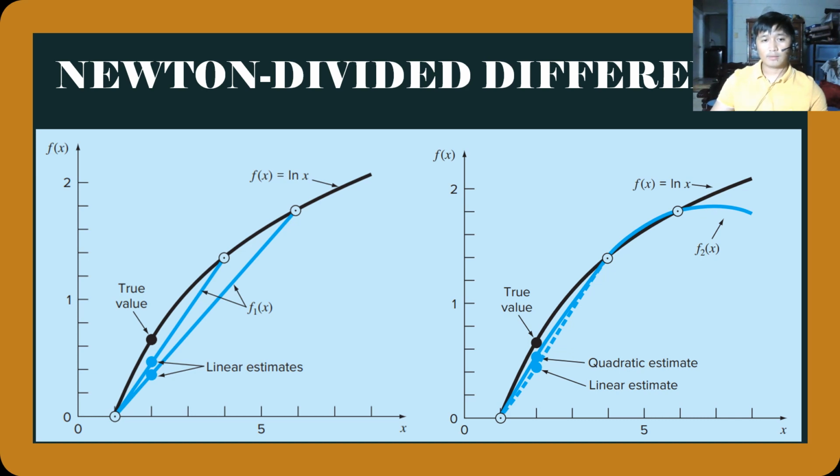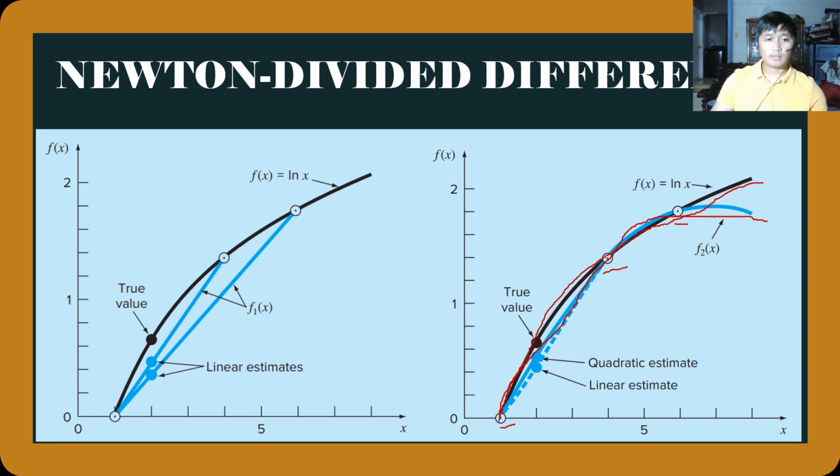This is for linear interpolation and for quadratic interpolation. As we can see, the shorter the interval, the more precise the curve is to the true value.